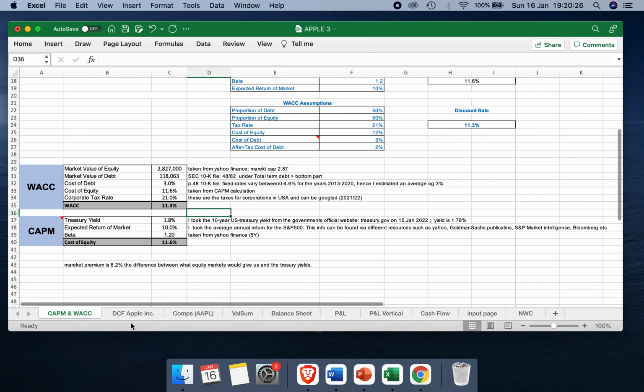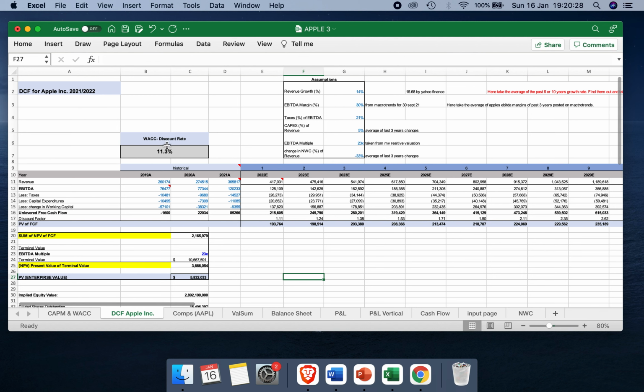Once I knew this, I put it back on my DCF sheet and applied the discount factor, with the formula that we learned, and discounted the future cash flows to their present value. Right, so here we can see the present value of the unlevered free cash flows of Apple. And yeah, here we can see it's increasing.